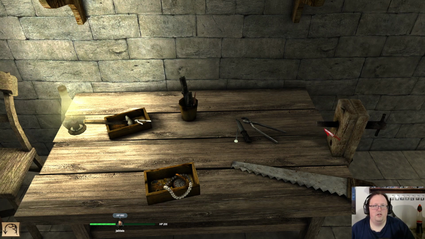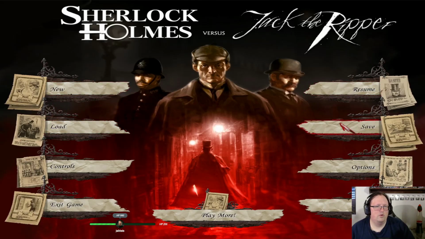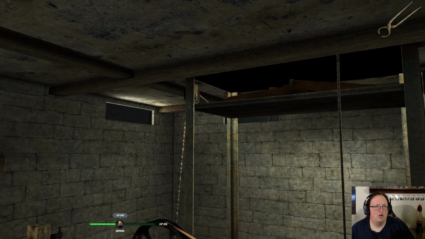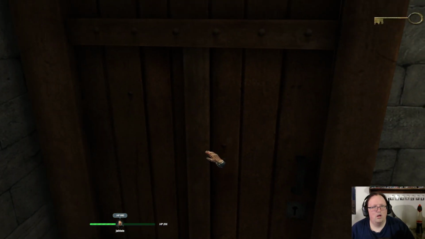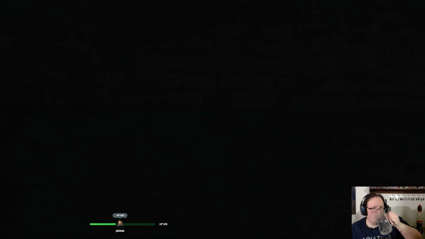Game. Screw you. This may come in handy. Okay. Oh. Let's hope that it really is the key to this door. Let's hope it is. And so, Holmes?